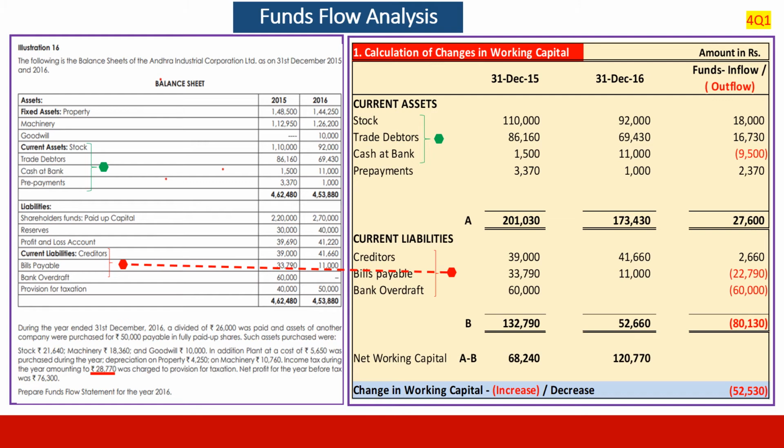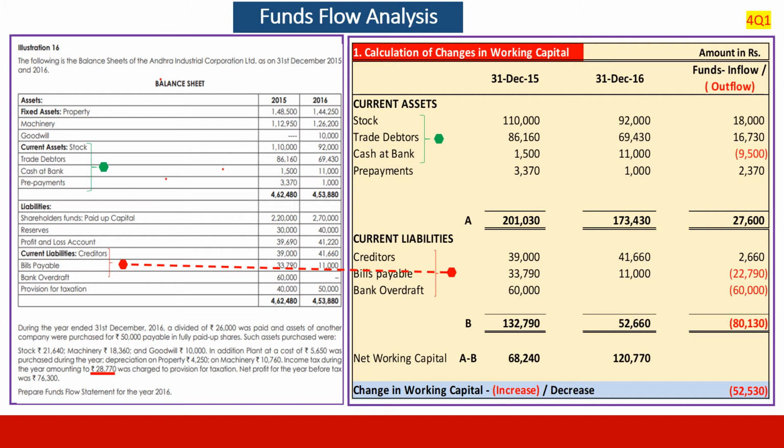And as we see here, out of this 2,01,000 last year current assets, this year 173, we have realized 27,600 from current assets, means it is an inflow. Under current liabilities we had a borrowing of 132,790 short term, and it has come down because we have paid out 80,000. We recovered 27, we paid out 80, difference is 52,000, which is increase in working capital.